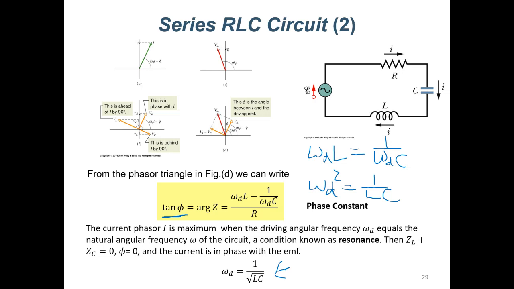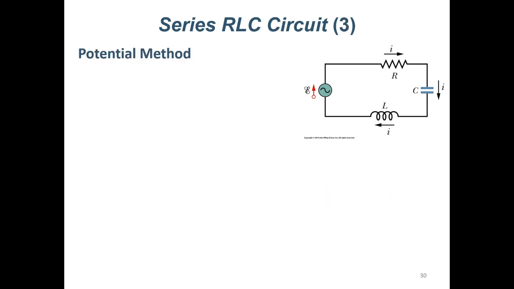In this case, Z_L plus Z_C is equal to 0 and phi equals 0, and then we will have the maximum current. Actually, we can also use the potential method to derive all of this.